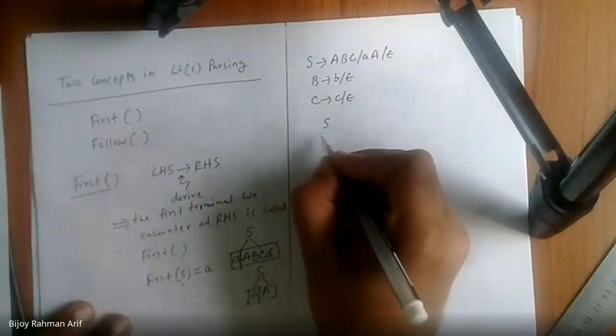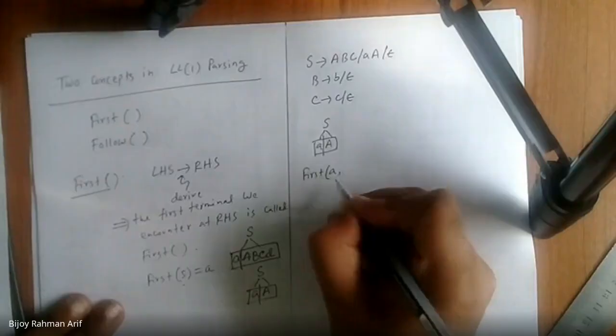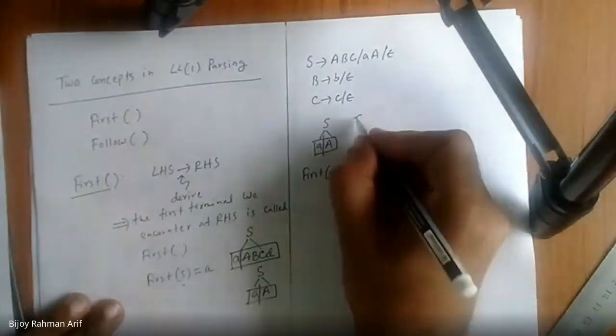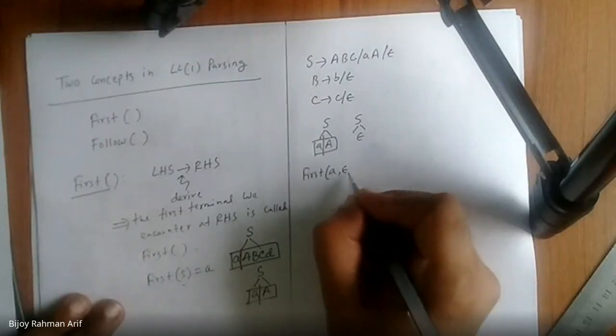S can derive a A. Am I right? So first of S is of course a. Also, S can derive epsilon. Am I right? So the first of S is also epsilon.